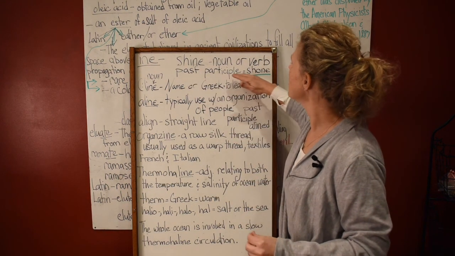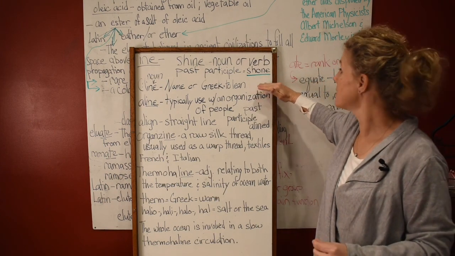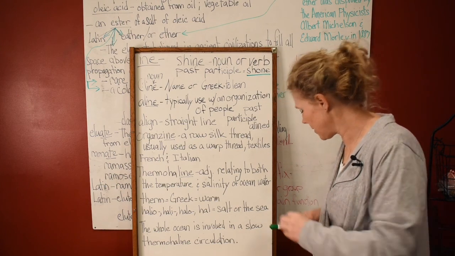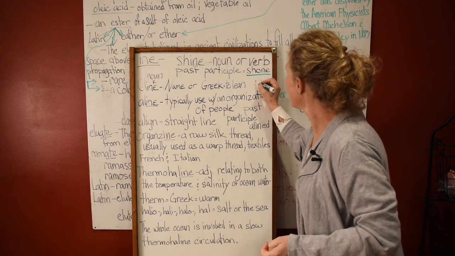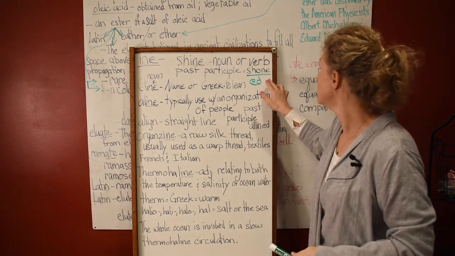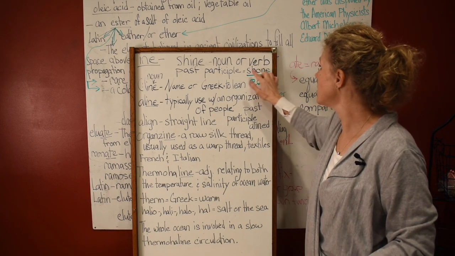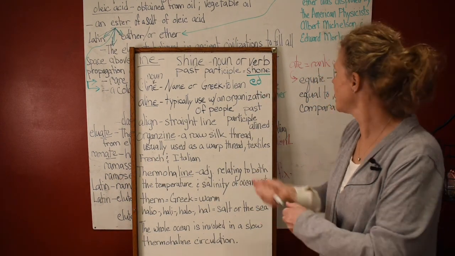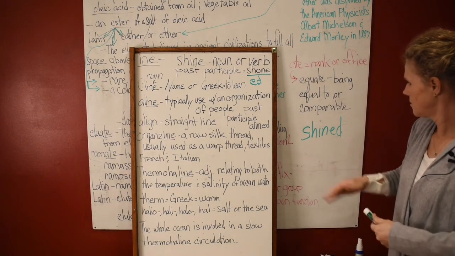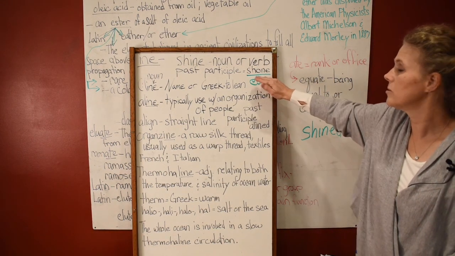Now, the past participle of the verb is shown. Do you see how this one's irregular? We were talking about that a little bit earlier. See how regular past participles end in -ed, but irregular past participles end in something like this. Do we say shined? No, we say shown.